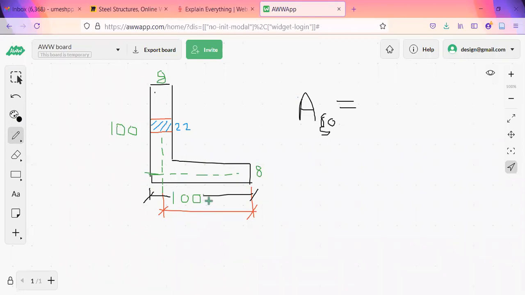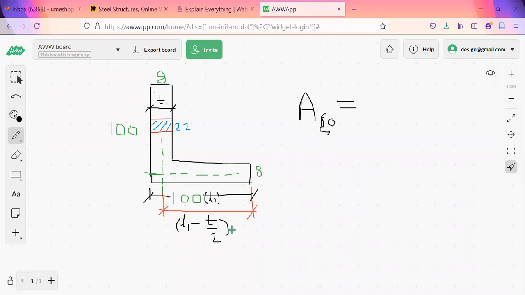Let us say 100 is L1, I'll call it L1, and this 8 mm as T. Now give me this red horizontal line distance in terms of L1 and T. L1 is 100 minus T by 2. So L1 minus T by 2.